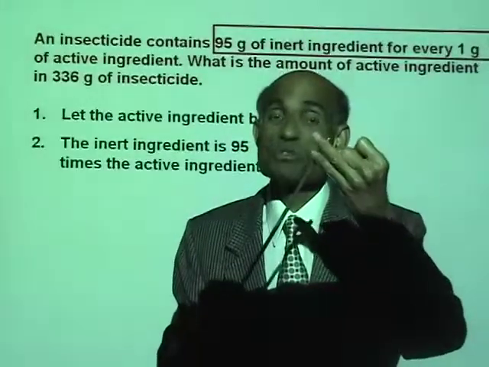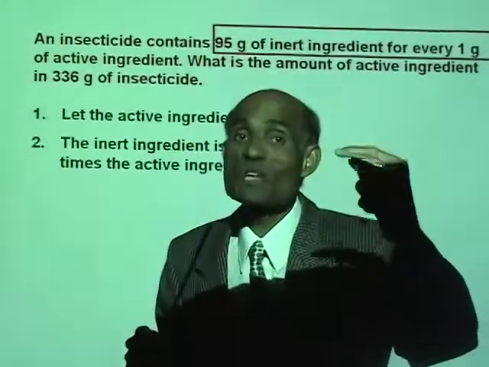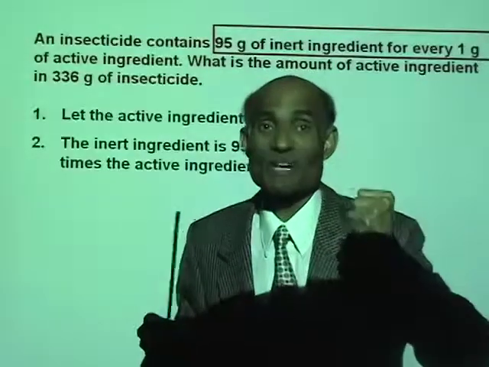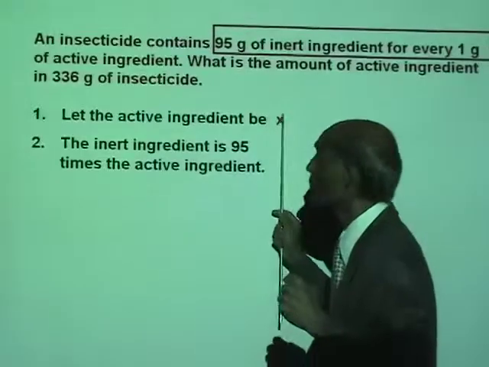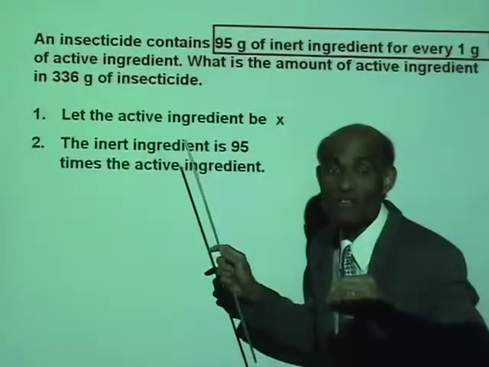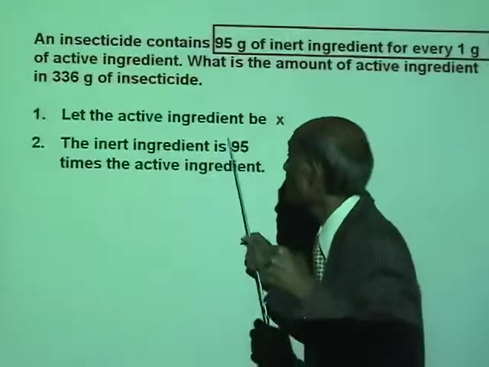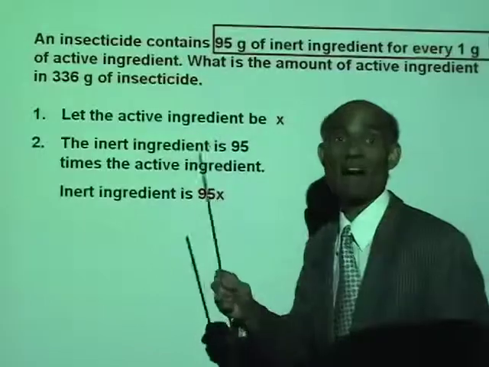If there are 2 grams of active ingredient, there will be 2 times 95 grams of inactive ingredient. If there are X grams of active ingredient, then the amount of inactive ingredient will be 95 times that, 95X.